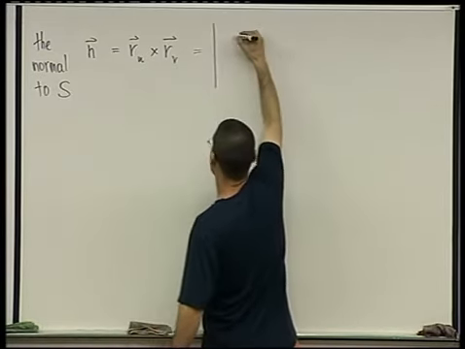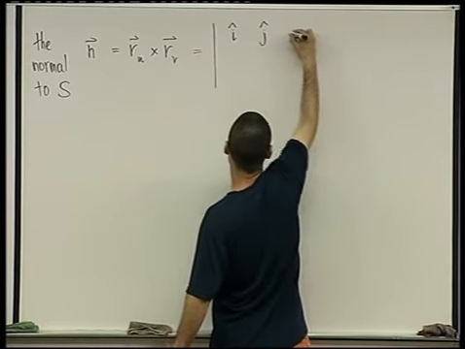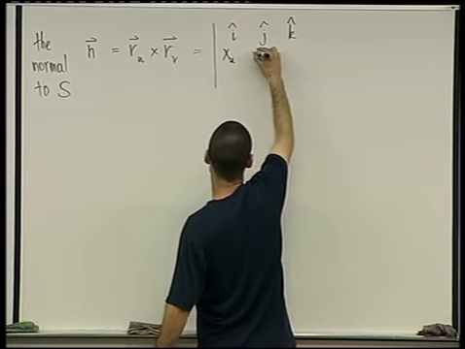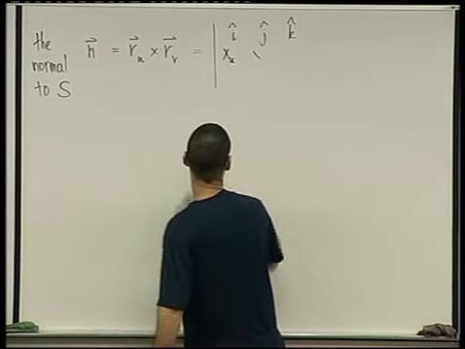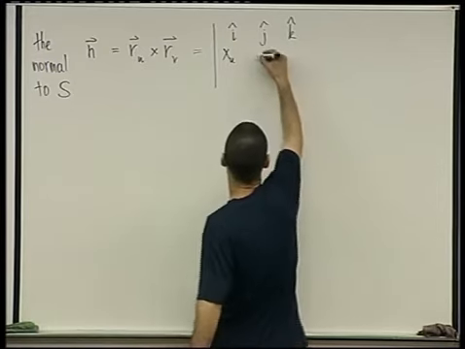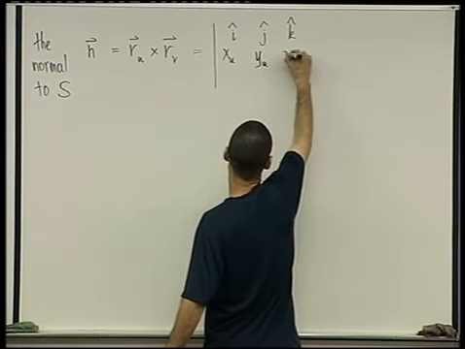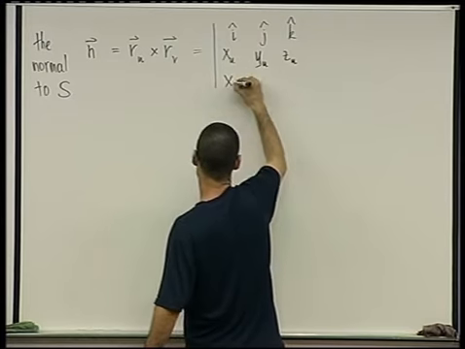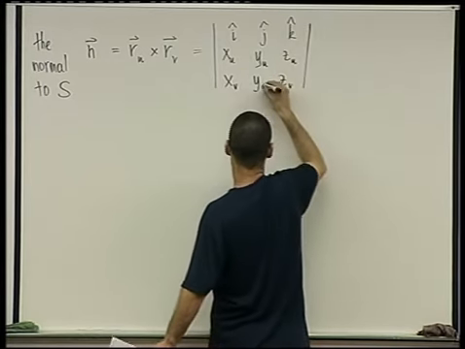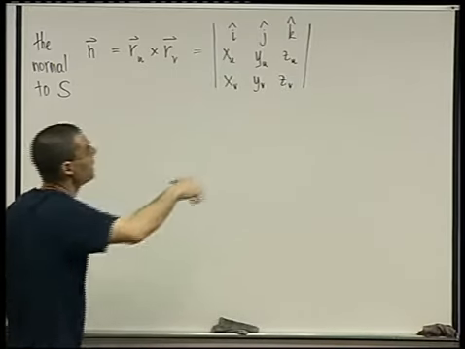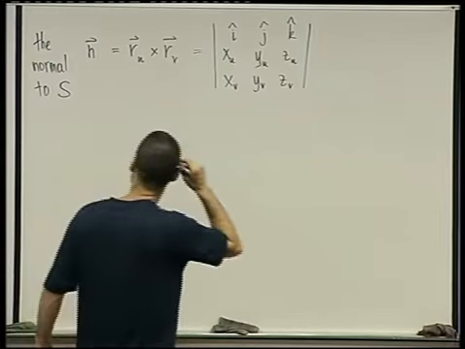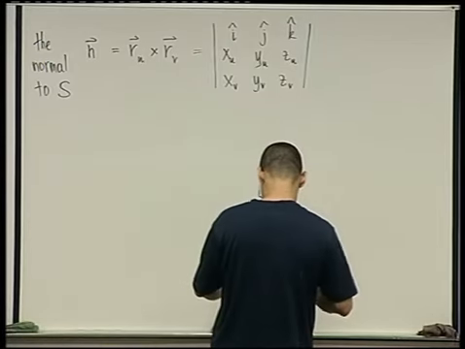You can write i, j, k, and then you have x_u, y_u, z_u, and x_v, y_v, z_v. And all of this is evaluated at the point (u0, v0). Okay, so this is the normal to the surface.